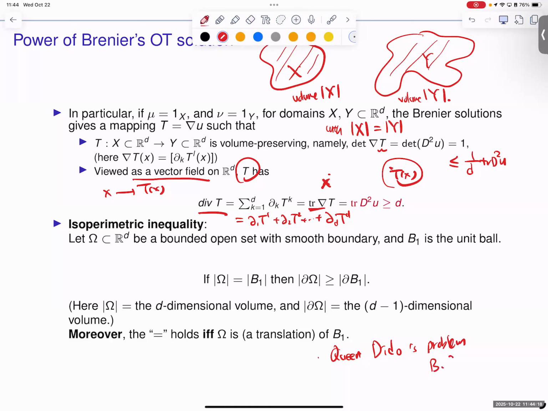This is something from a long time ago. Okay, and then can you guess when it was first rigorously proven, this statement?